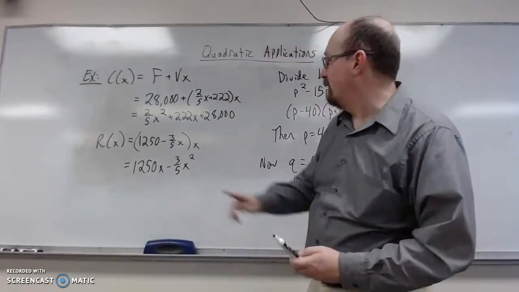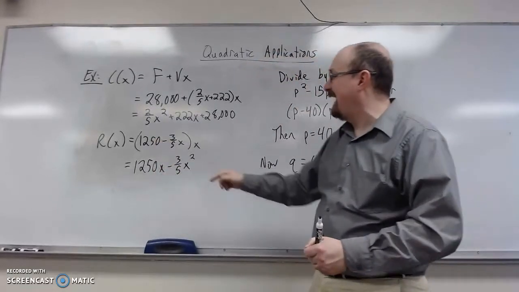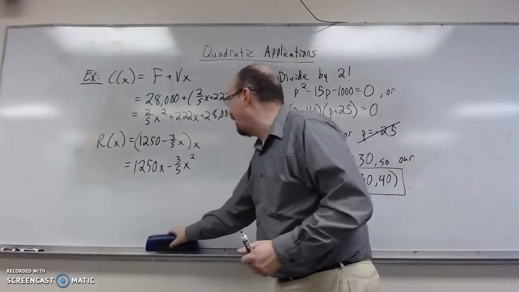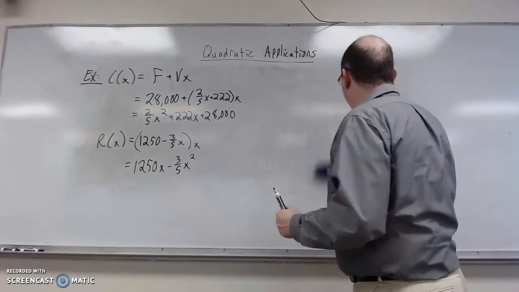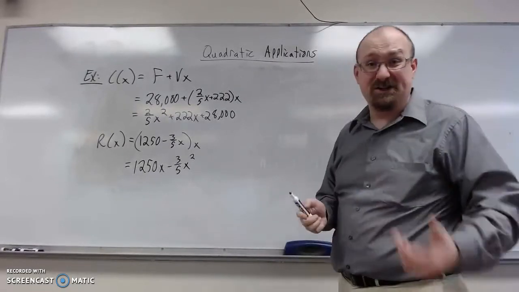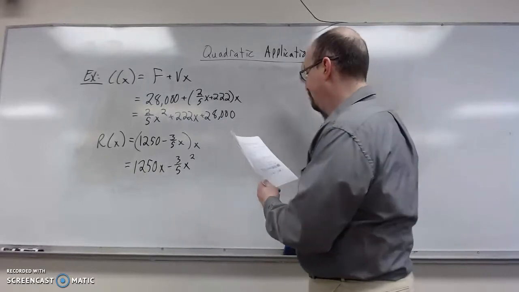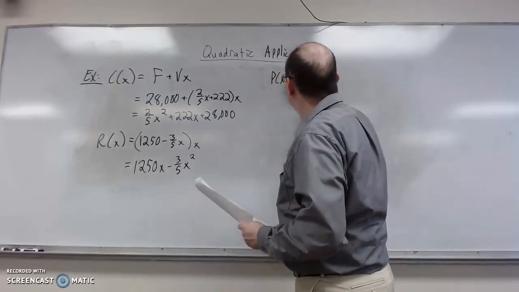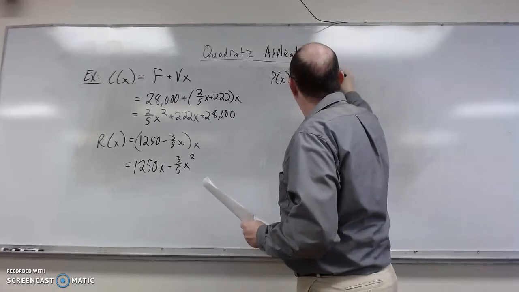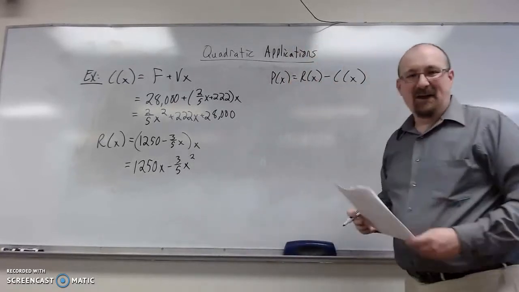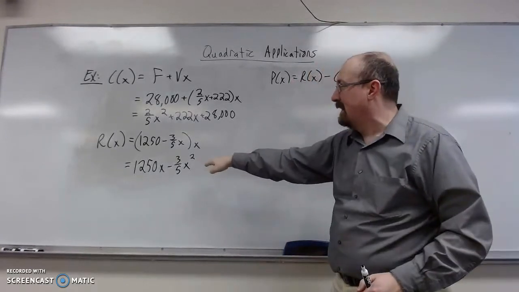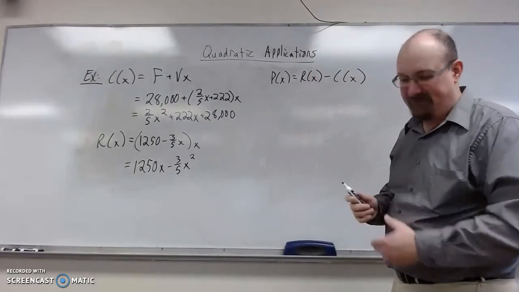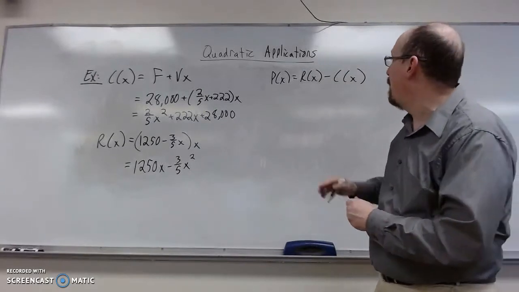So a revenue function, once we distribute the X, will be 1250X minus 3/5 X squared. Now this guy needs to leave so we can work out the profit function, because we need the profit function to determine break even. So the profit function, like we've said, and in the interest of time and board space, I'm not going to write out this thing minus this thing in parentheses. I'm just going to give you the finished product here.